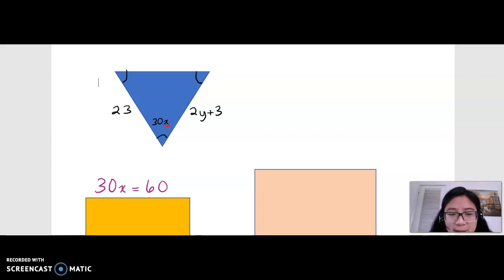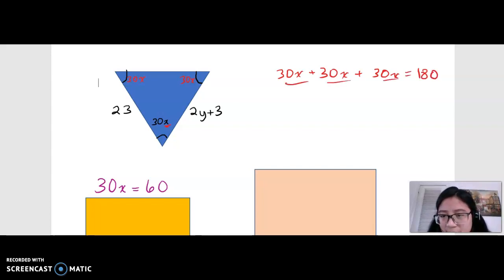Now, some of you might be comfortable setting it up like this. Since that one is 30x, I know all three of them are 30x. But you're going to do that extra work of combining everything, so you would have to do it like this over here.